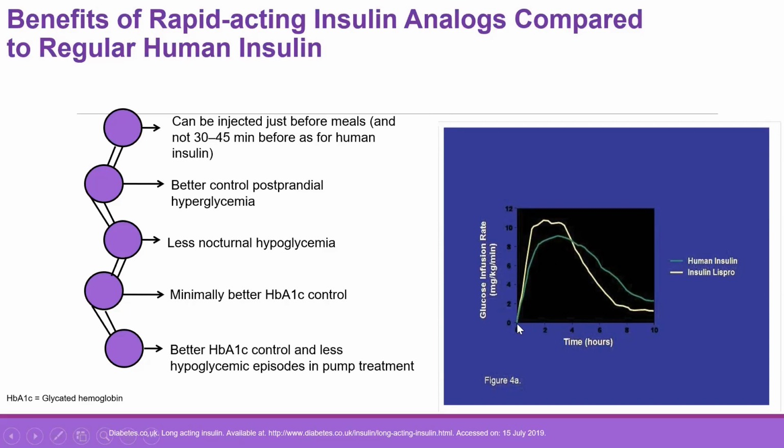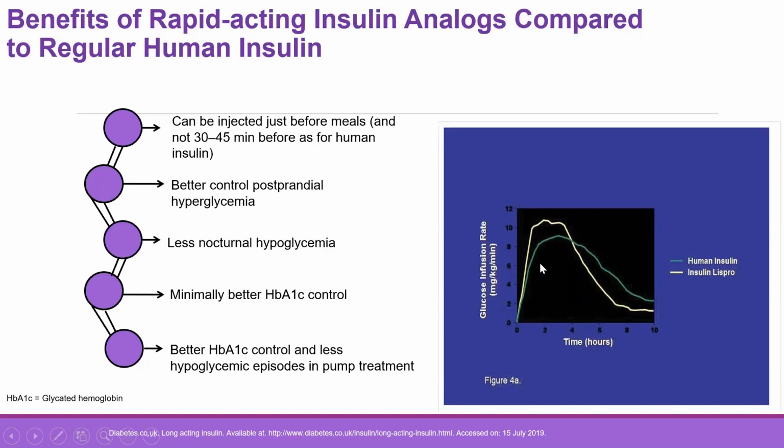So it's slightly slower in onset and slightly slower to disappear from the blood, and therefore, compared to the normal insulin secretion pattern, there is a possibility of hypoglycemia when you give regular insulin.